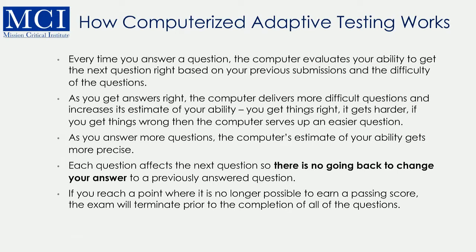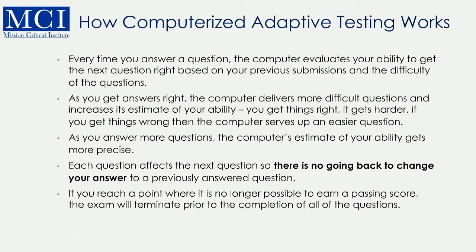First of all, in order to figure out a candidate's ability, you're going to have to start with a baseline. That's where your 3-point words come in. So the candidate is going to be presented with a question that will be below the level of difficulty required to pass the exam. Now that seems strange, but that's the starting point.